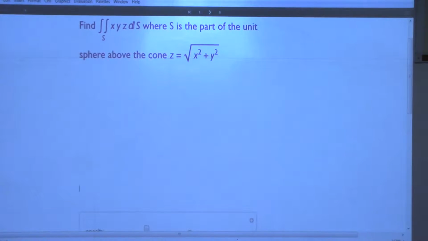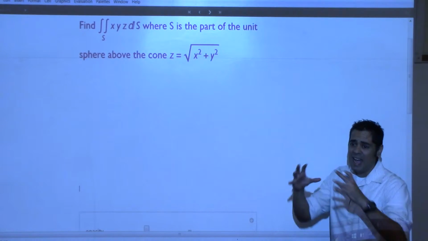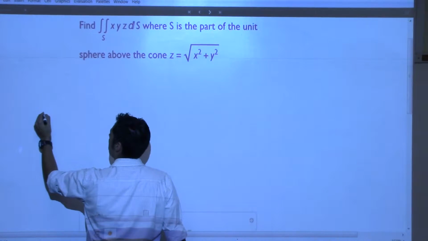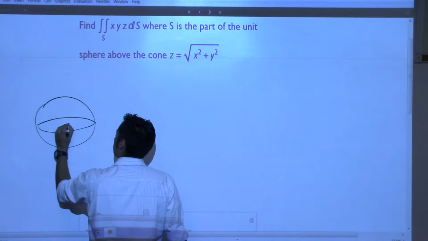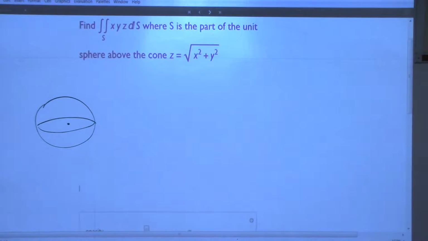Let's see if we can. Well, I have a unit sphere, right? My surface S is part of this unit sphere, right? So here's my unit sphere. But it's only the part of the unit sphere that is above this cone, z equals the square root of x squared plus y squared.